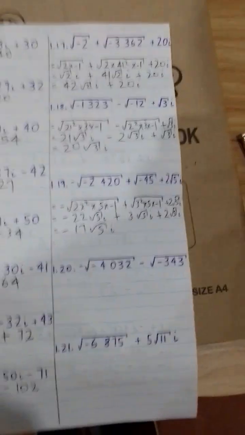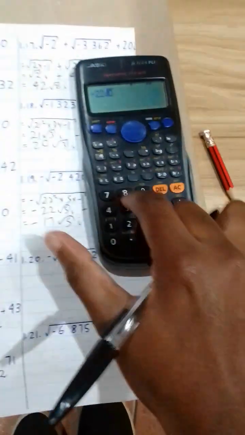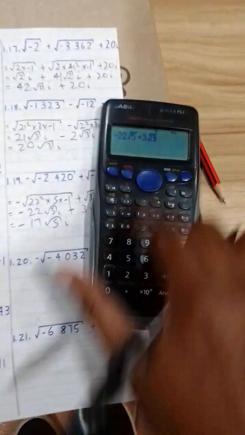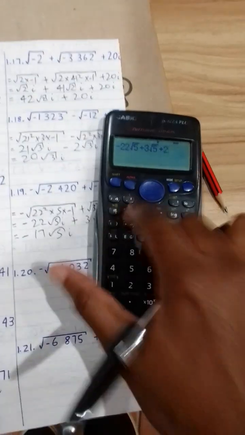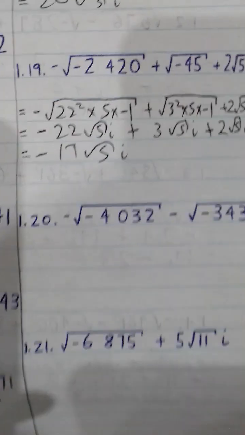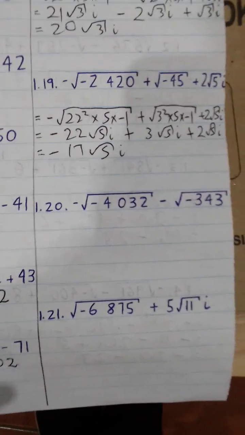So the final answer is negative 17 square root of 5 i. Hope that is clear and I hope that makes sense.